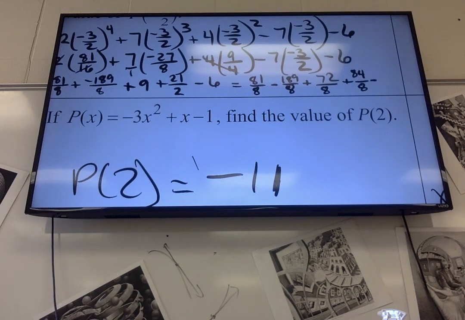So we were getting a common denominator, and everything was over 8. So that would be minus 48 over 8.